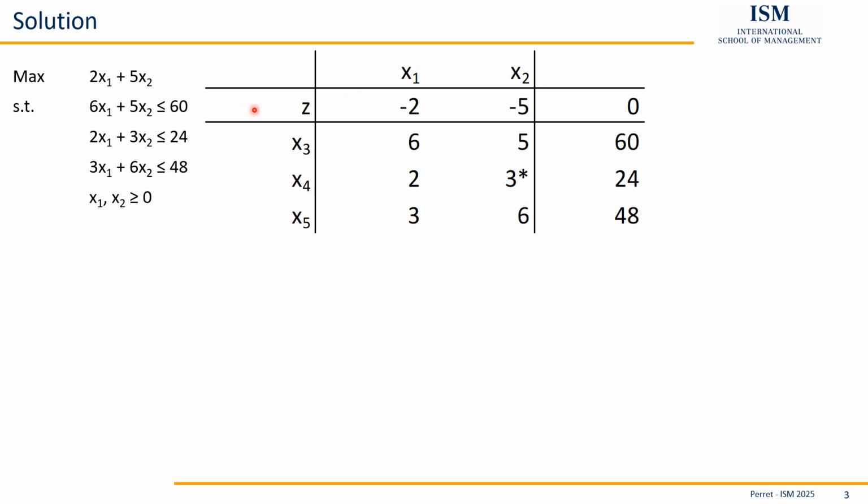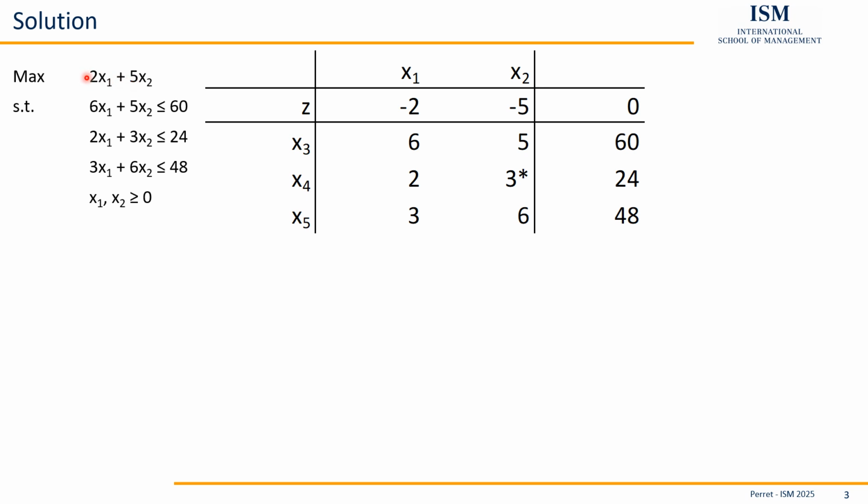Then I'm going to add one row for the objective function and one row with additional variables x3, 4, and 5 here for the three constraints. So x3 for the first constraint, x4 for the second, and x5 for the third constraint. Since it is a maximization problem, I'm going to take the coefficients from the objective function, but I'm going to reverse the sign.